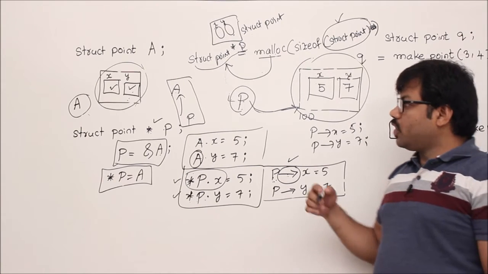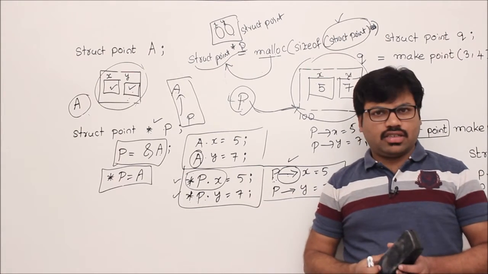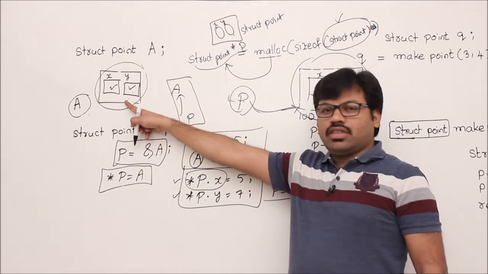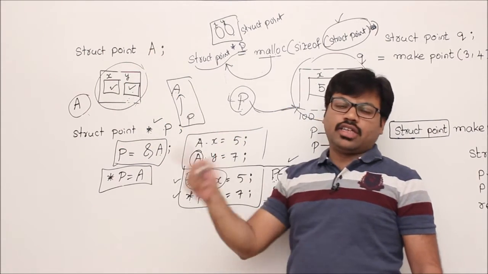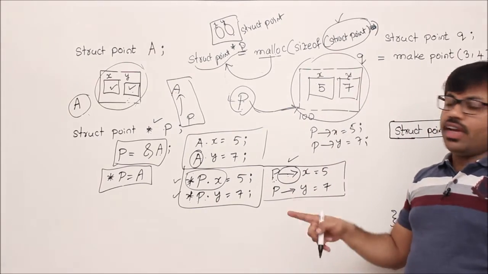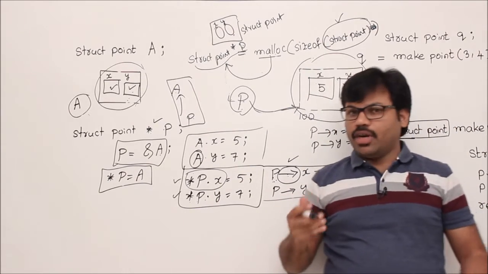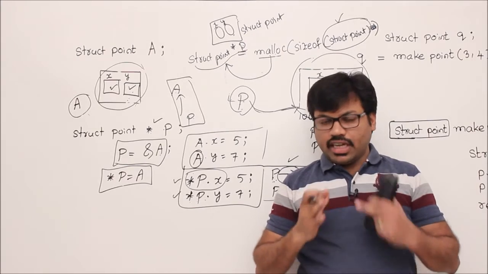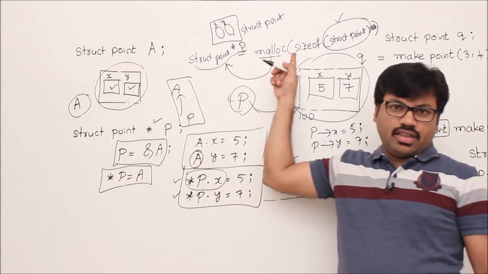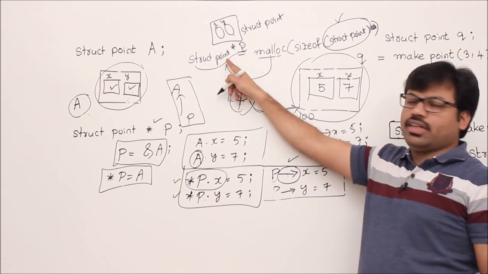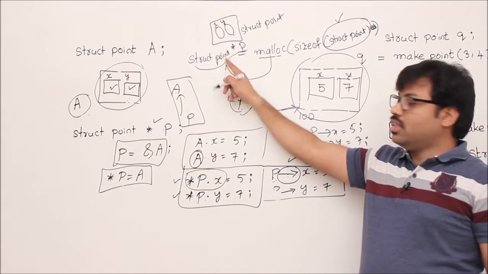Understand? So now we have seen so many ways of creating the structure. One is like this, where we are creating a variable name like struct point a. Second model is dynamic allocation, where we are not creating the variable, but we are getting the memory which is required to hold two integers x comma y, along with one pointer. Why this is very important.